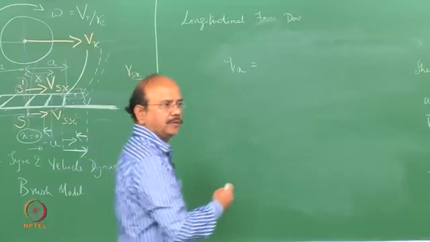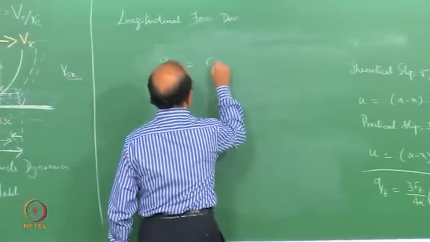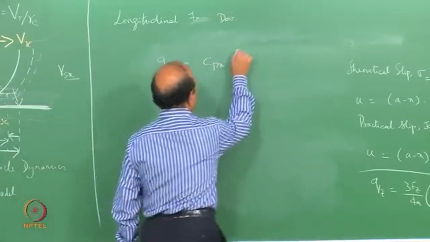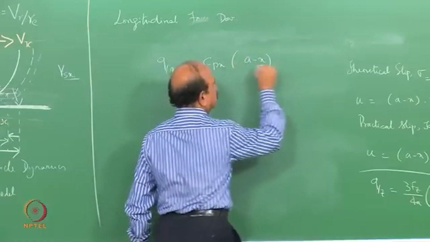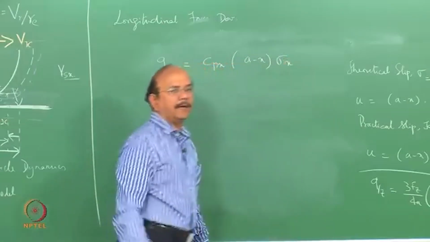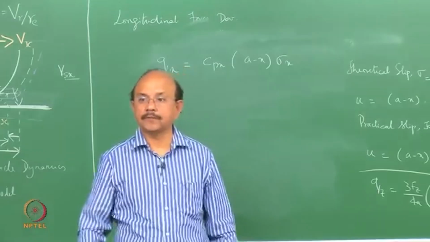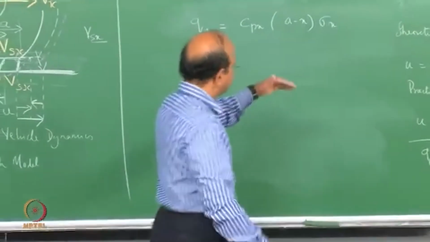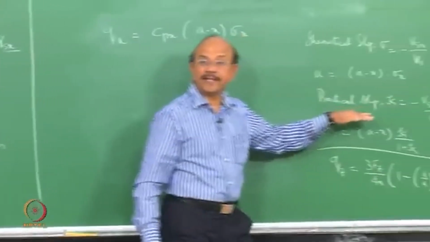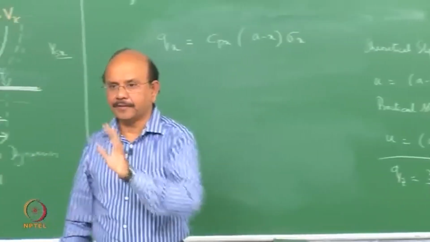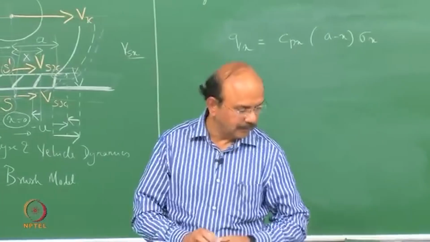I know the deformation multiplied by the stiffness Cpx, into a minus x into sigma x, or kappa by 1 plus kappa. So the point which I was trying to say is that this is what we define as slip. That's why you have to be careful when you use the word slip in tire mechanics.